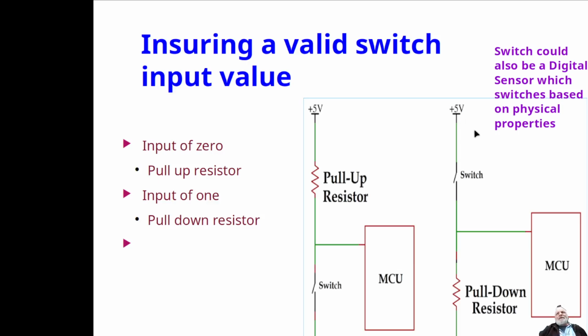You could say, well, let's use like 100K or 100 meg, but sometimes if you make those resistors too high, they don't do a good enough job of pulling the values down. They kind of slow down the current a little bit too much. So in general, I would recommend like a 10K.